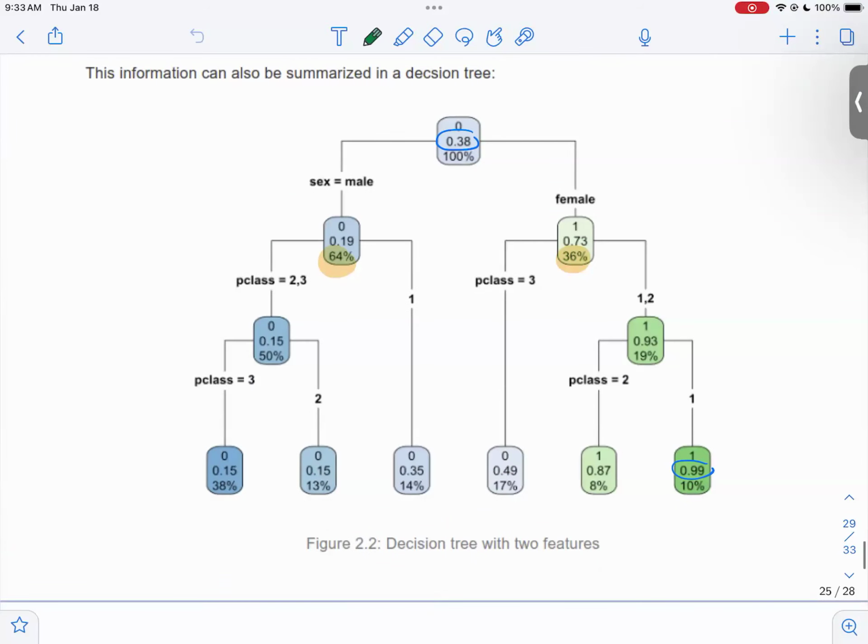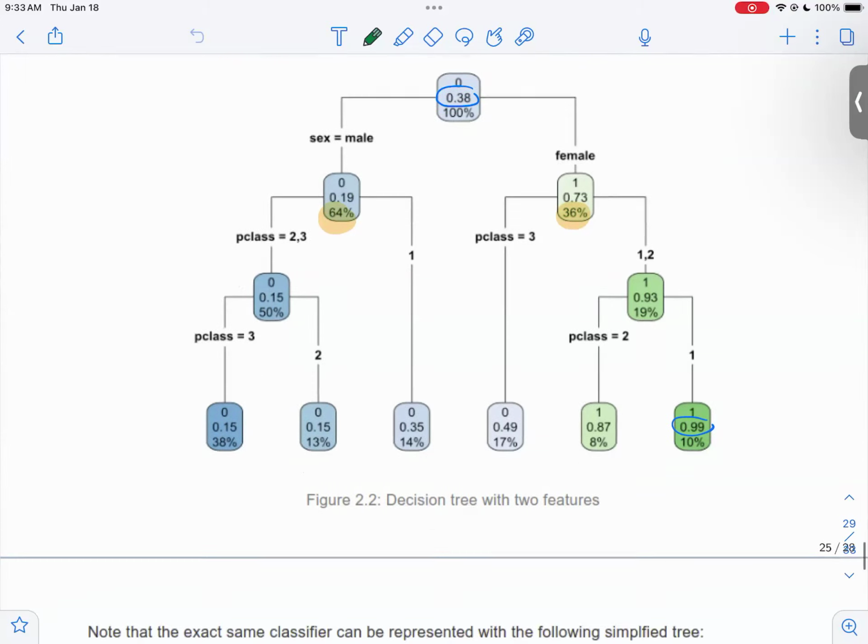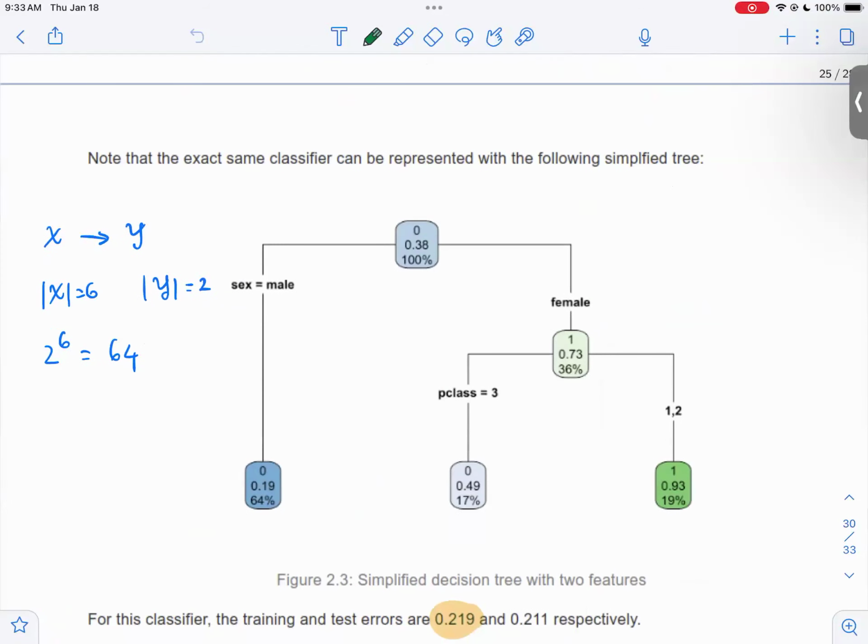And so you'd end up getting this picture, a summarization of the behavior of the conditional distribution given all the possible choices of the two variables. This gives you the optimal classifier as well, sort of your estimate. And so it turned out to be like this. This is more complicated than the original one that we had.